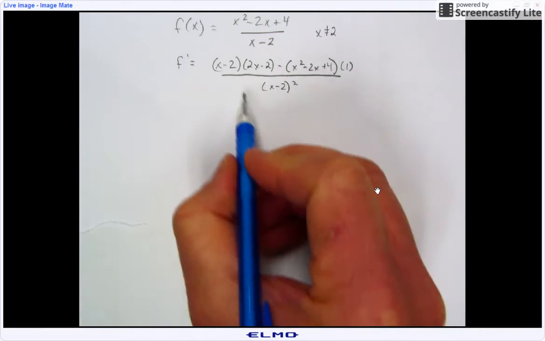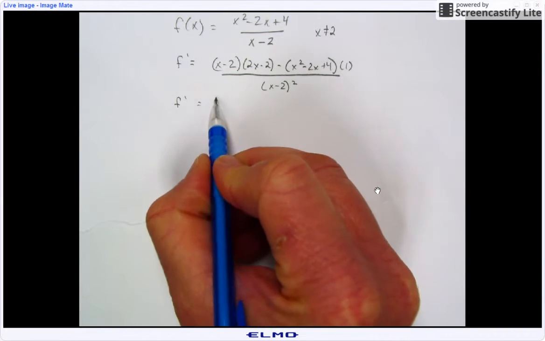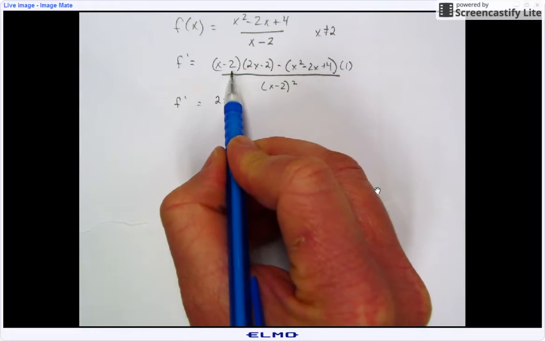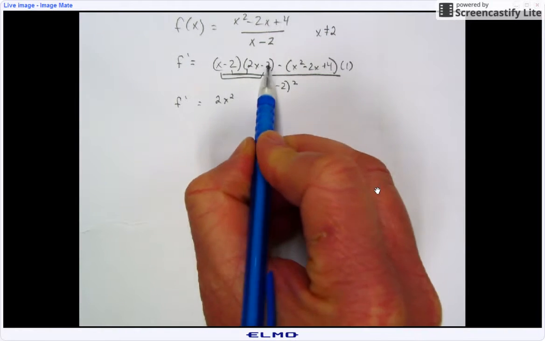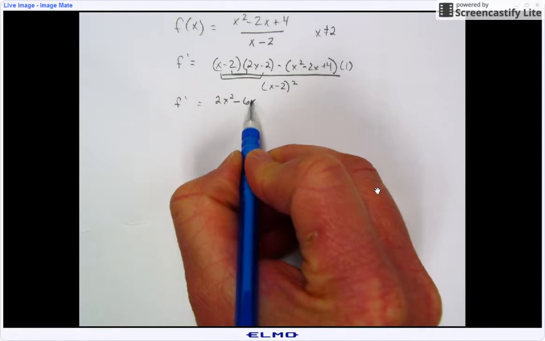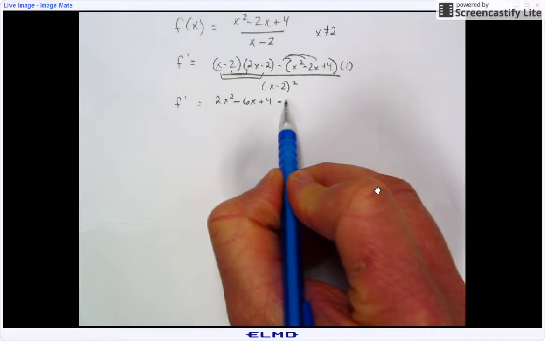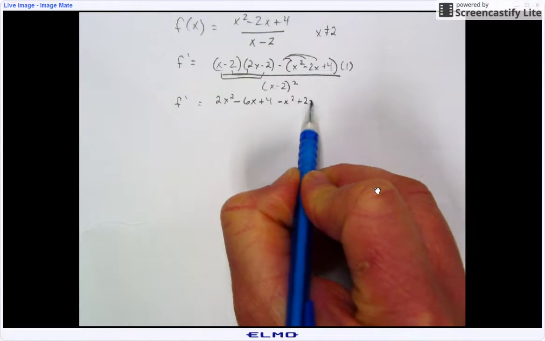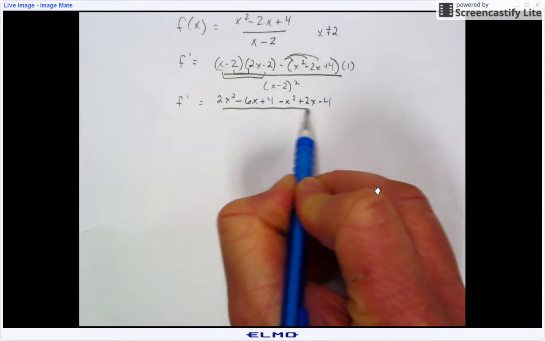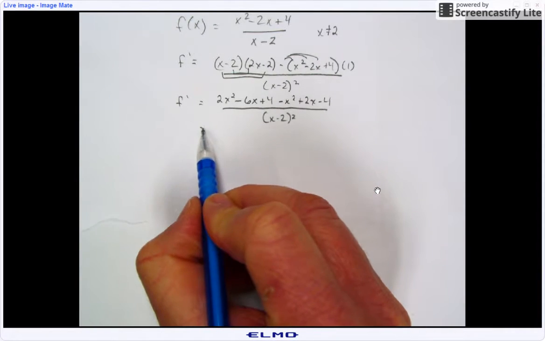Now we need to simplify. I'm going to multiply this out. So I have 2x squared minus 2x minus 4x. That's minus 6x plus 4. And then be careful to distribute this negative on everything. And I would leave this, it's already in factored form, leave it in factored form.